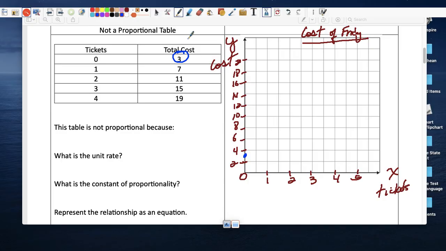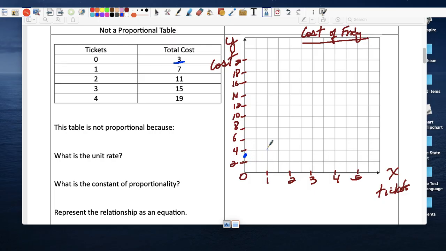So you spent $3 on candy. Or how about this? This movie theater charges for parking. So even though you didn't buy any tickets yet, you already paid $3 because you had some extra expenses. So it doesn't start at 0, 0.